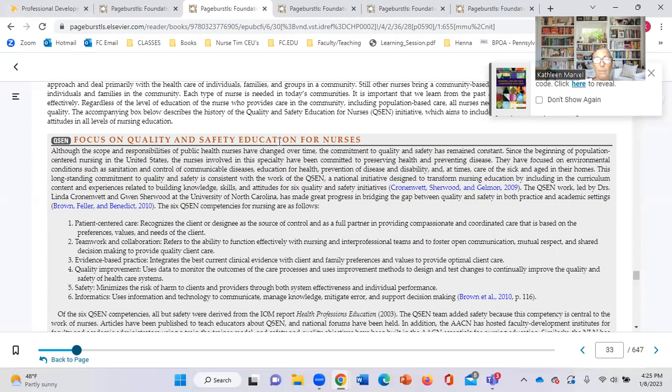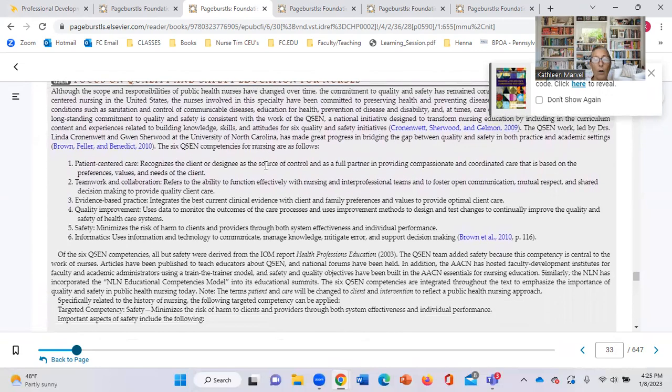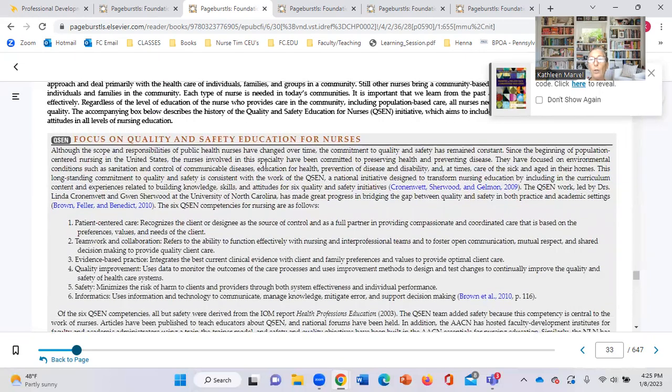All right. I would like for you to read through each box because each chapter talks about a different competency. Okay. So actually, this chapter introduces QSEN.